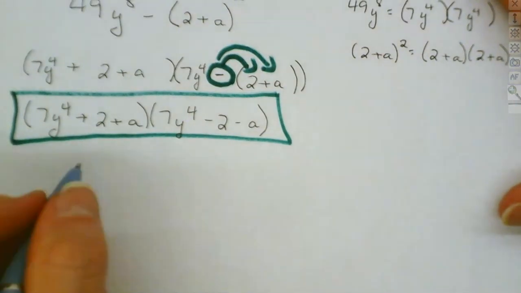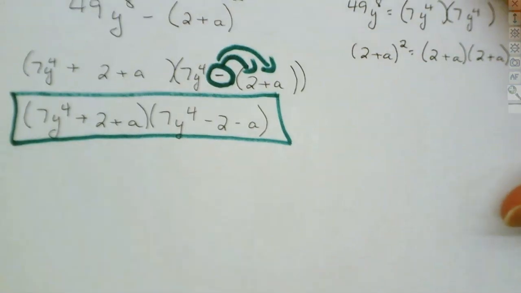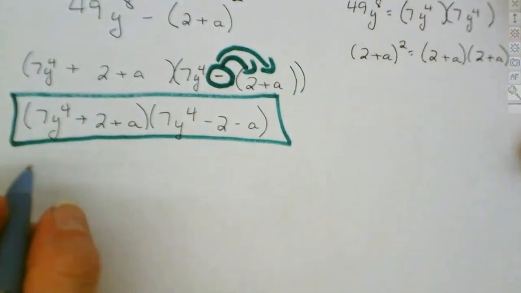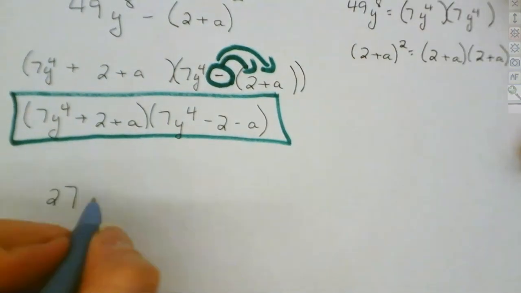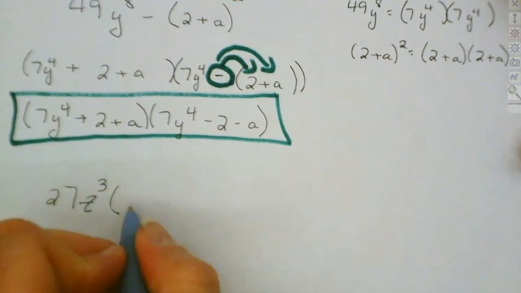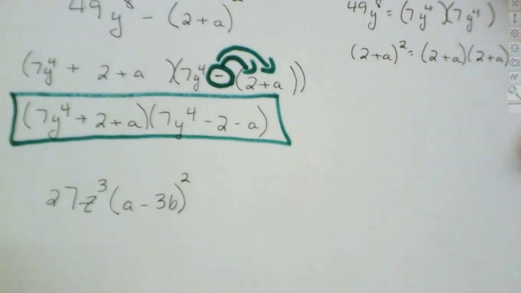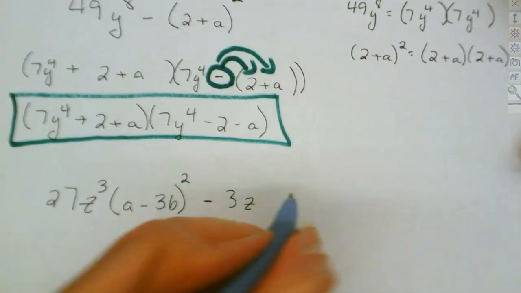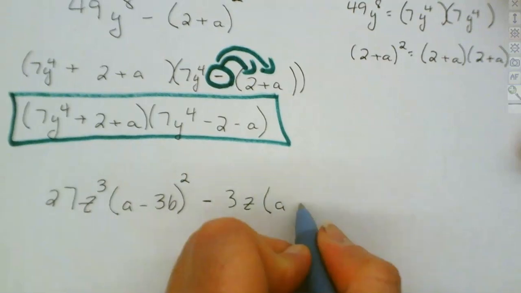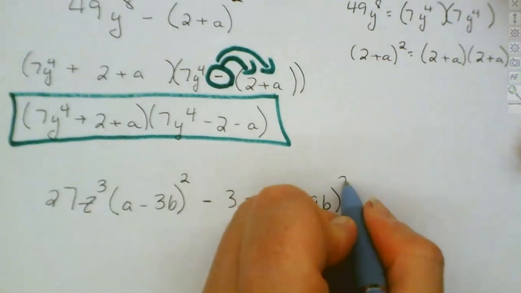So how about we look at, let's say, 27 z cubed times a minus 3b, quantity squared, minus, how about we use 3z times a minus 9b, quantity squared.